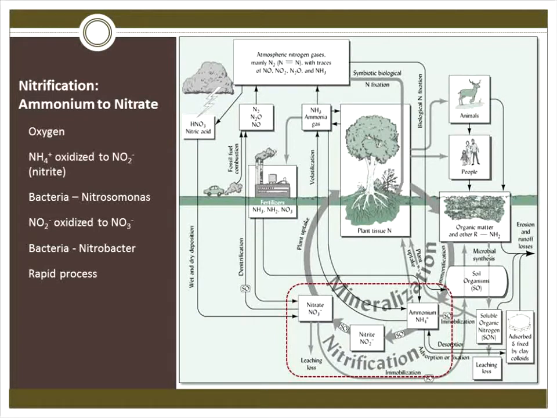So we've talked about addition from symbiotic nitrogen fixation, and I want to talk about some other processes that occur in the soil. As we discussed previously, oftentimes this nitrogen is released through mineralization, and it transforms to ammonium. Ammonium, as Dr. Krause discussed earlier, is a cation.